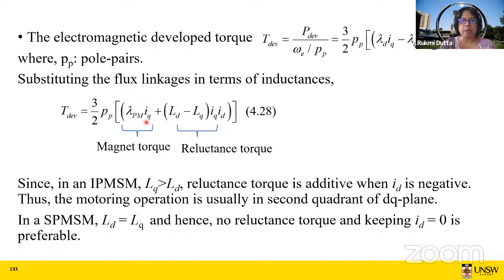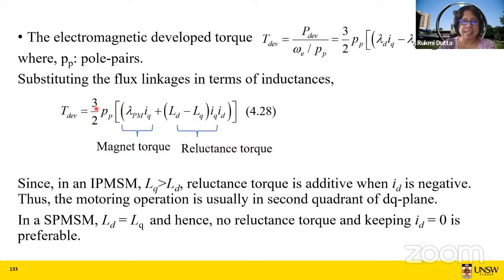Also, if you look closely at this torque equation, you can see that it comes from the current and from the magnet. Those of you who remember the DC motor torque equation may remember that it is a constant, torque constant KT, times the flux times the current. We get the exact same equation here, like a DC motor equation.